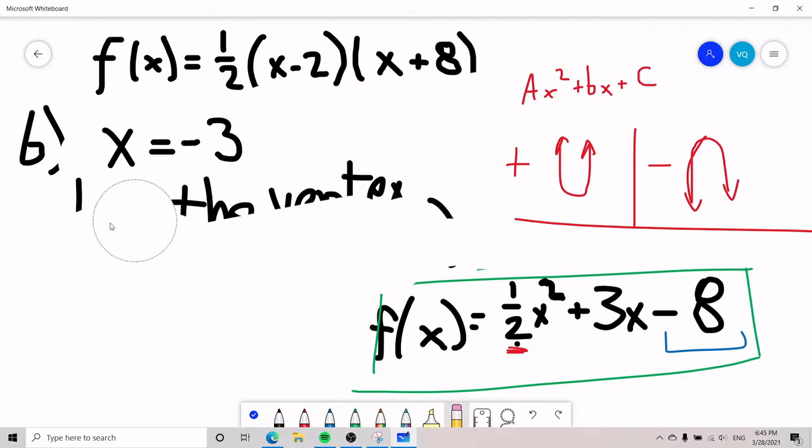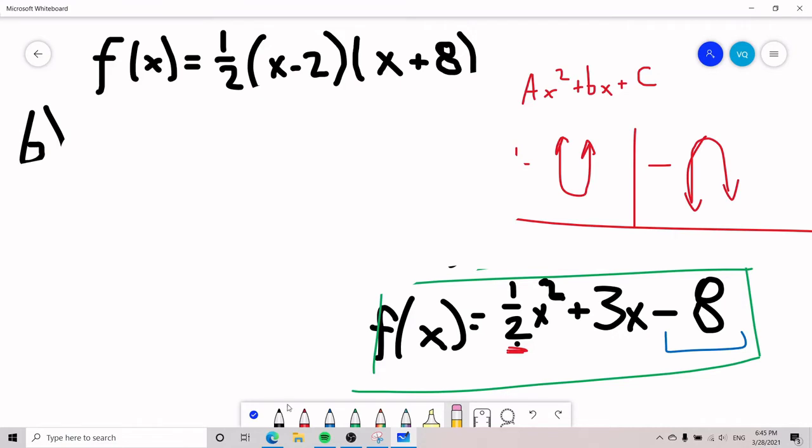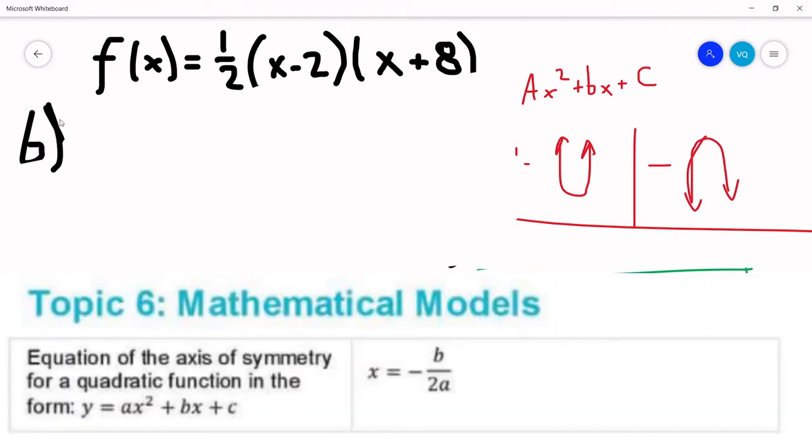The other way to do it is by using the axis of symmetry formula. If we open up the formula booklet and look at the axis of symmetry equation, we can find -b over 2a equals x, which is going to be my axis of symmetry, right?